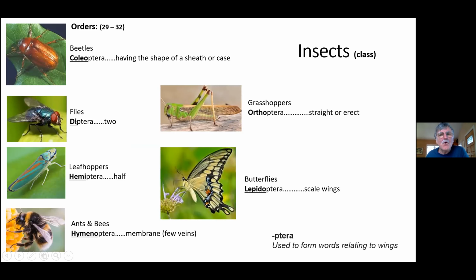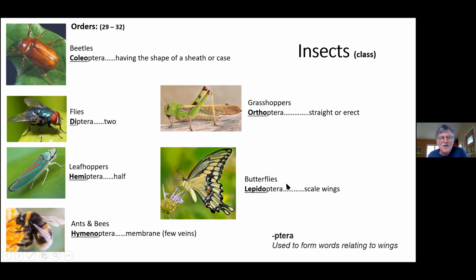But within the classes of insects, the last 5 letters of the names relate to the wings. So a fly is Diptera, meaning 2 wings. Hemiptera, leafhoppers, means half a wing. Half of it is kind of a skeleton. For butterflies, it means they have scale wings.